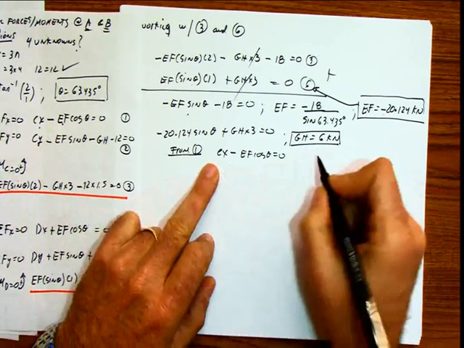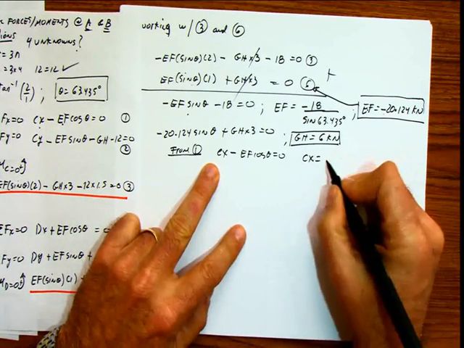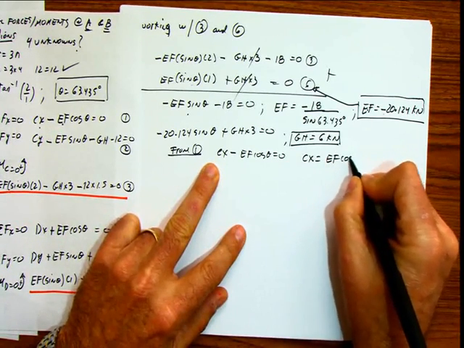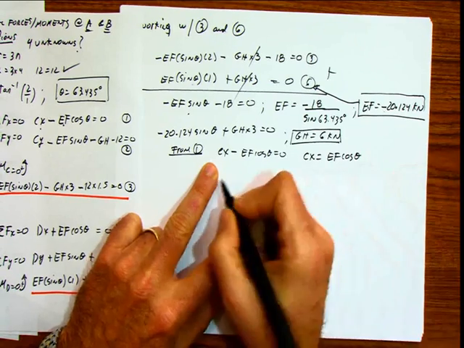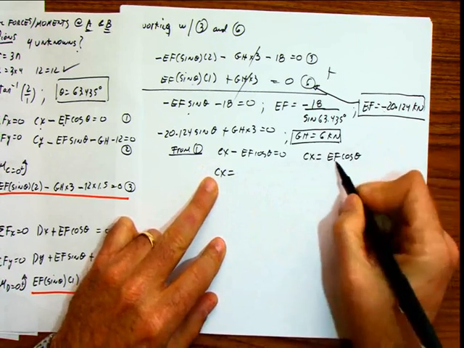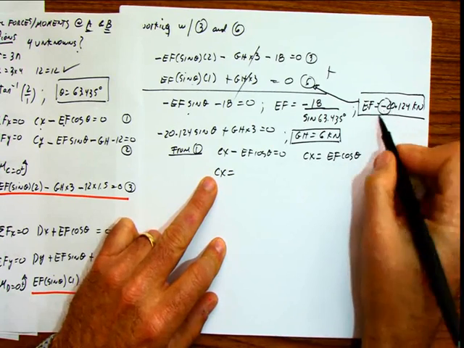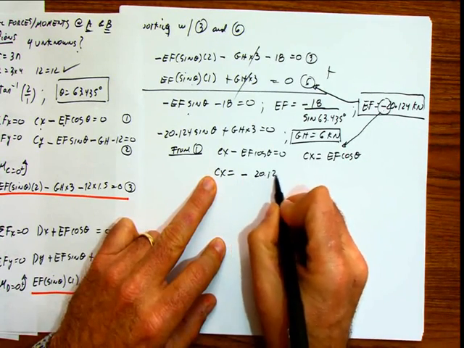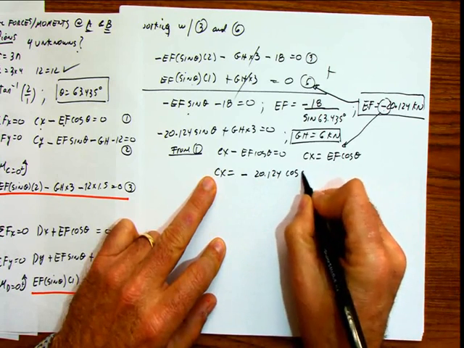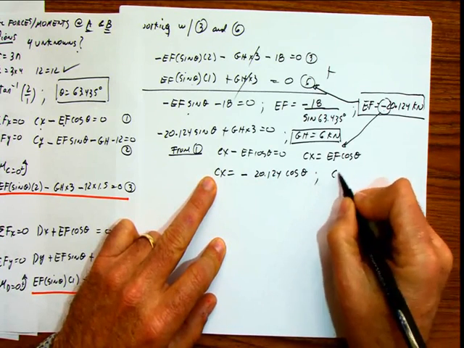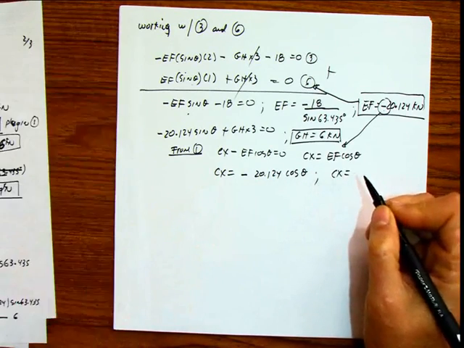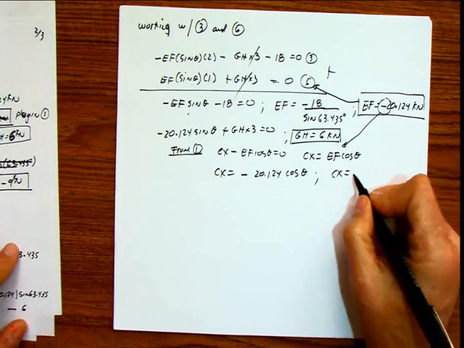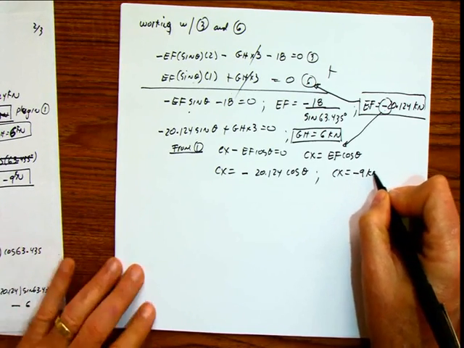So Cx is going to be equal to EF cosine of the angle. So Cx is going to be equal to, EF is negative, warning, negative 20.124 cosine of the angle. Cx equal negative 9 kilonewton.